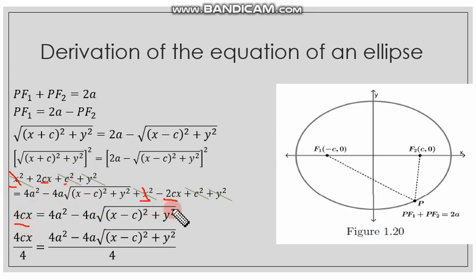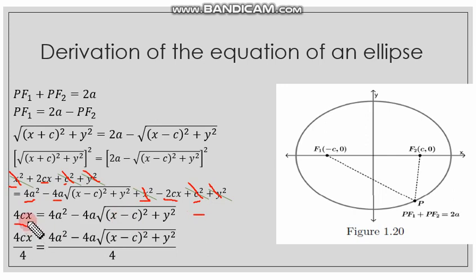Next is c squared, on the left and also on the right side. If we transpose that, it's negative c squared, so c squared minus c squared is 0. So that is also removed. Y squared is on the left and also on the right, so transpose it to the left: y squared minus y squared, 0. Leaving 4cx is equal to 4a squared minus 4a square root of (x minus c) squared plus y squared.